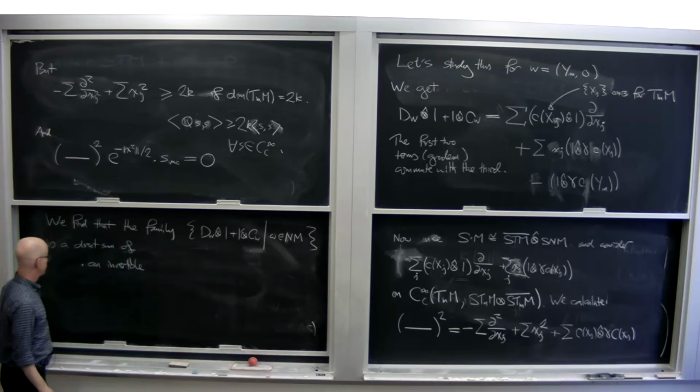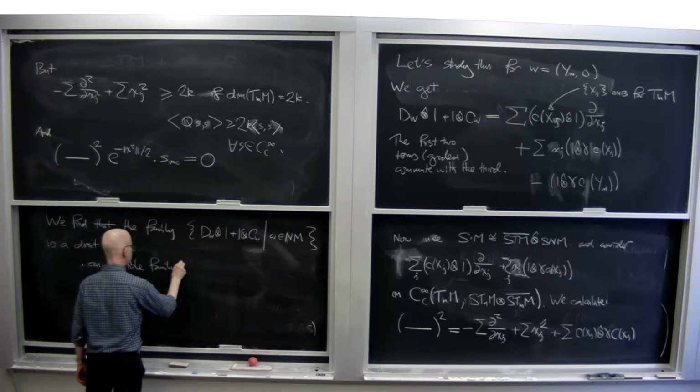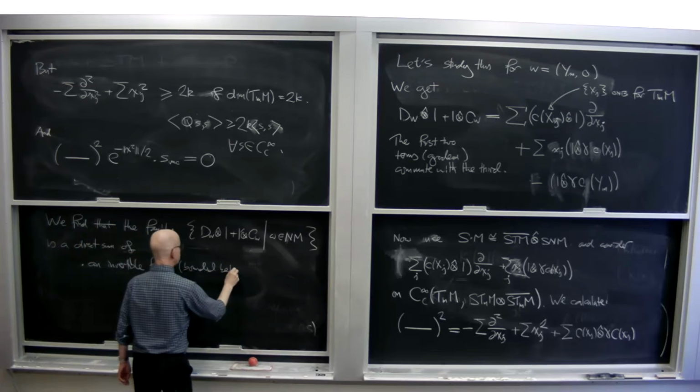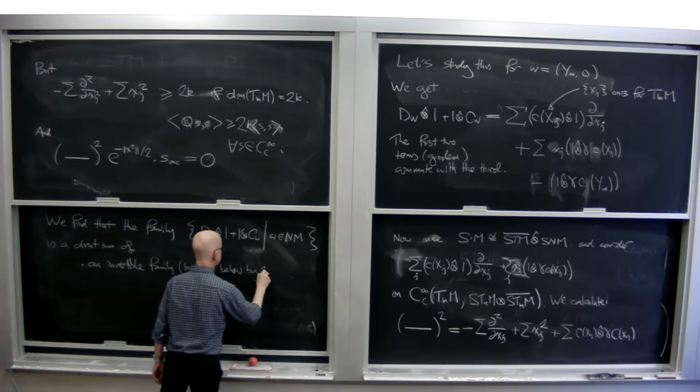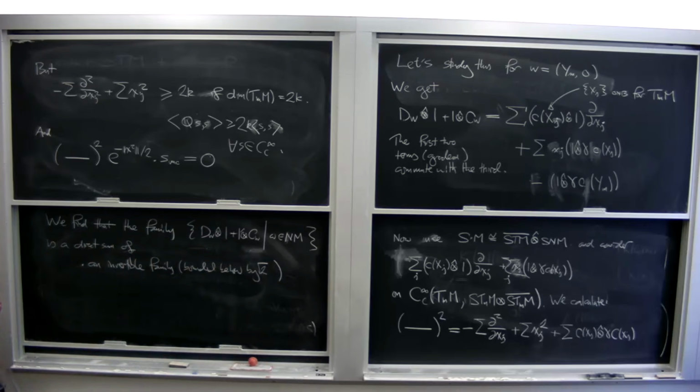And we have a direct sum of an invertible family, actually bounded below uniformly by 2. Well, the square is bounded uniformly below by 2, so the operators are bounded by the square root of 2.